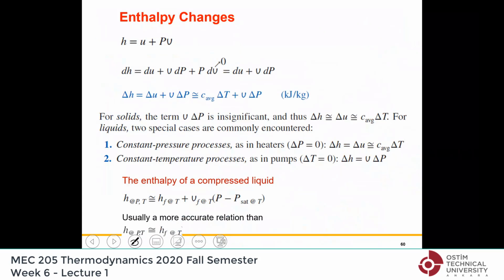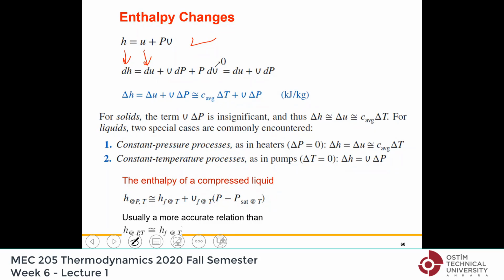For enthalpy changes, now remember the definition of enthalpy. H is equal to U plus PV. Okay. If you take the differential of this, differential of H is dH, differential of U is du. Now differential of PV, there are two terms here.